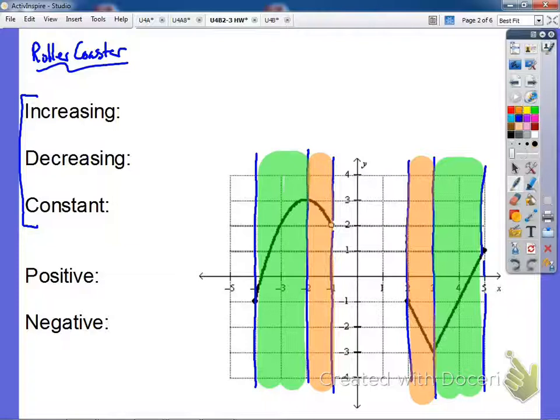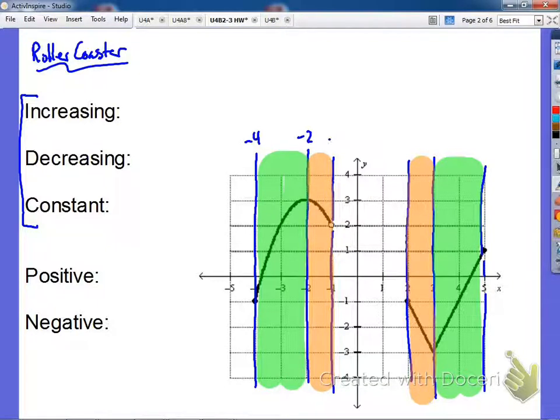All right? So, this was -4, this is -2, this is -1, right here. +2, +3, and +5. All right? So it's increasing here, it's decreasing here, it's increasing here, and it's decreasing here. Real simple. Yes?